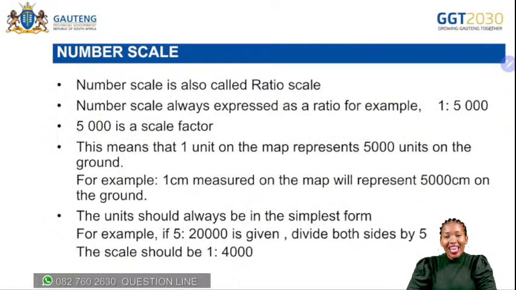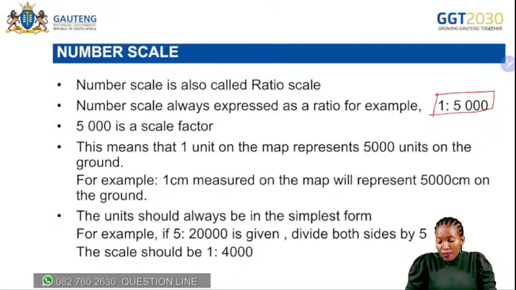Now, guys, yes, the number scale, like I said, it is also known as a ratio scale. And it is called a ratio scale because it is written as a ratio. Remember the section of ratio you did in grade 10. So it is written as a ratio like this. And then remember, how would you explain this now?